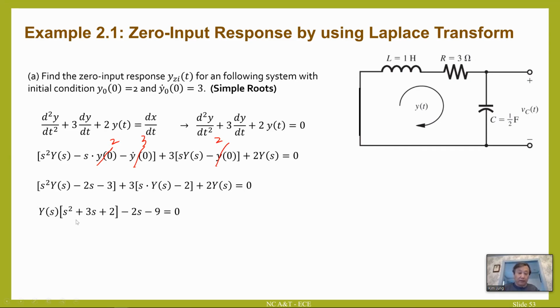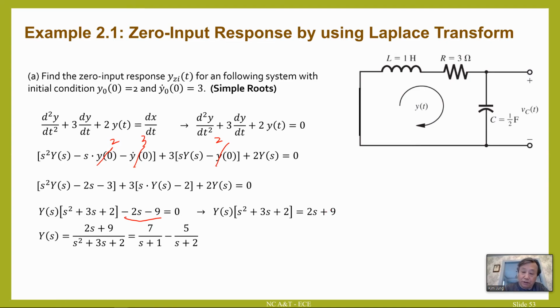This one goes to the other side, and then y of s eventually is 2s plus 9 divided by s squared plus 3s plus 2, and then apply the partial fraction expansion. This is the case of a simple root, which is a distinct real root, a different real root. In this case we can take the inverse Laplace transform.